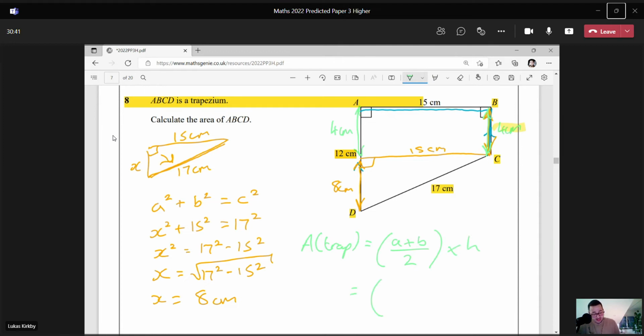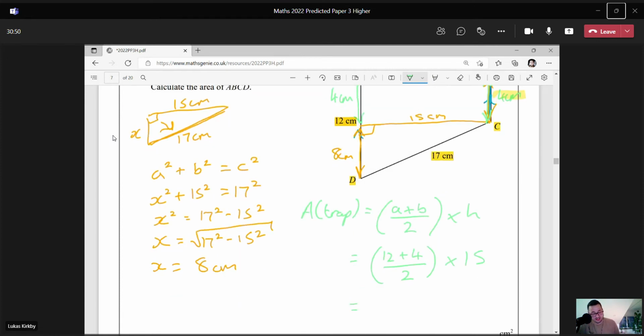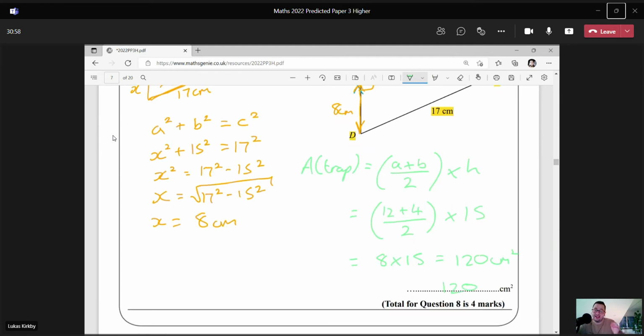So this is 12 plus 4 divided by 2 times 15. 12 plus 4 is 16, divided by 2 is 8, and 8 times 15 is 120 centimetres squared. Again, you can use your calculator to do all that.